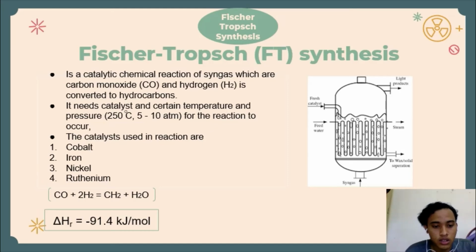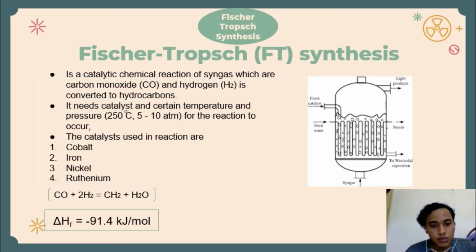As you can see here in the chemical equation, CO plus 2 H2 results in the alkene hydrocarbon and water. This reaction needs a catalyst, and a certain temperature and pressure.